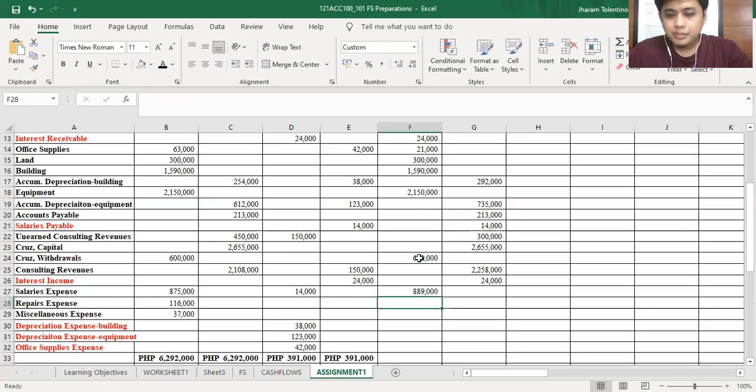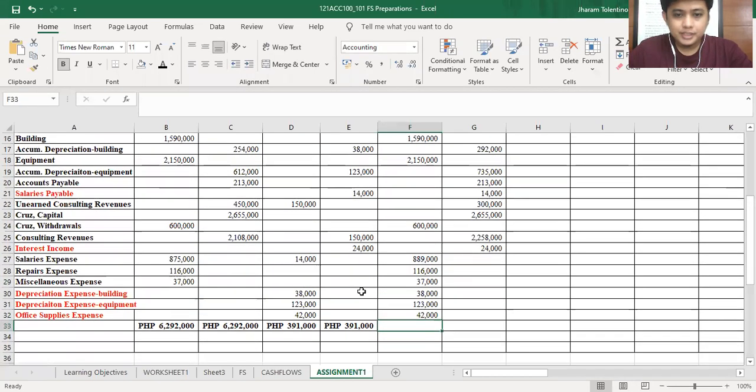Okay. Repairs, just copy. We have miscellaneous expenses of 37. Then these are the new expenses, copy na lang. Okay, then after that, anong next? Make sure that the adjusted trial balance is balanced. So in this case, balance ba?